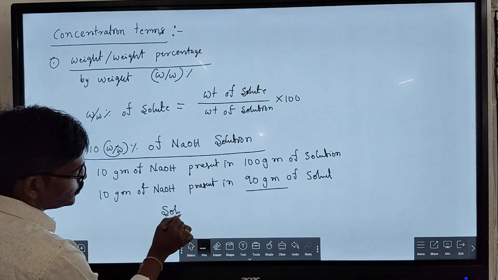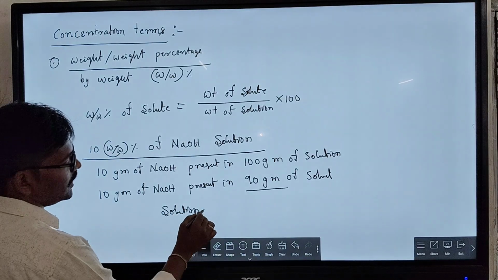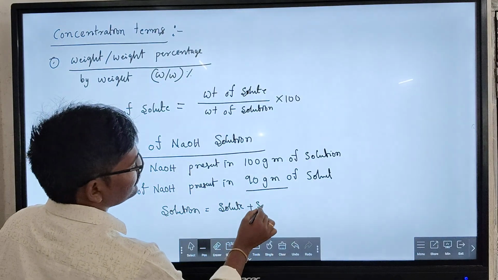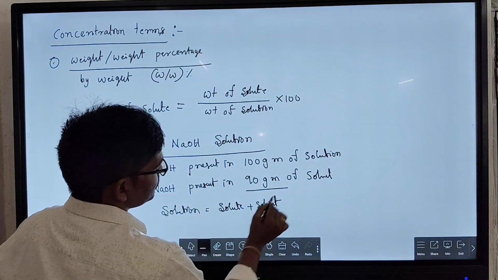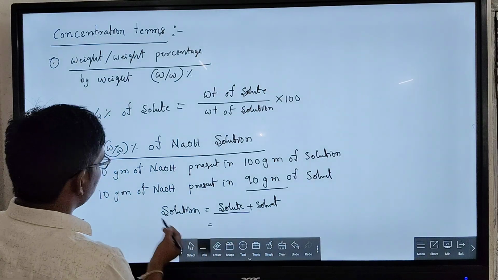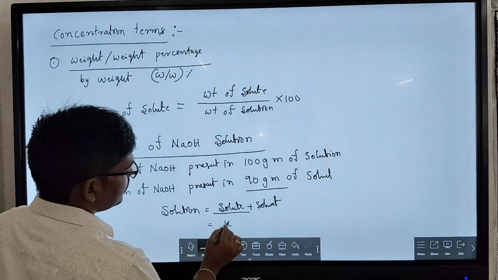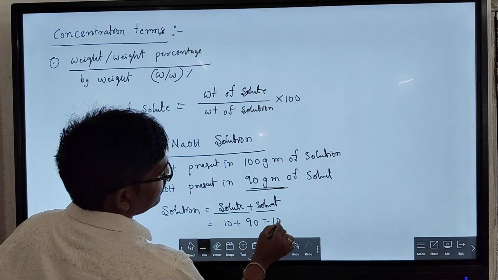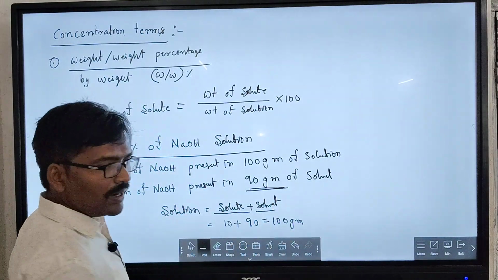Solution weight is equal to solute plus solvent. So the solute weight is 10 grams, plus the solvent weight 90, then the total should be 100 grams. Understand all of you?